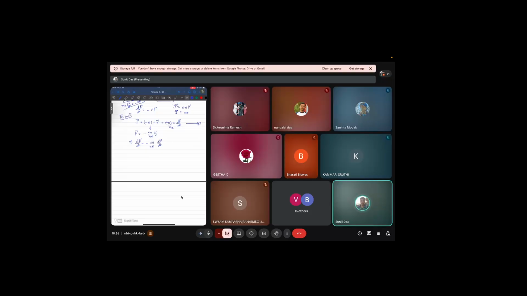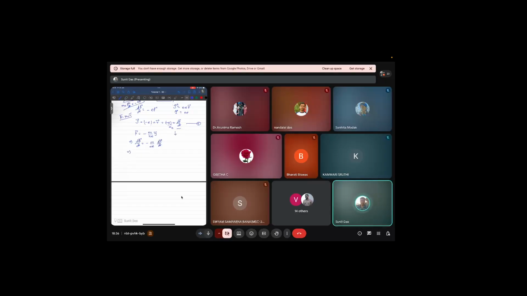Now I have equation 1 as dp/dt, and I'm trying to find dp/dt from here.